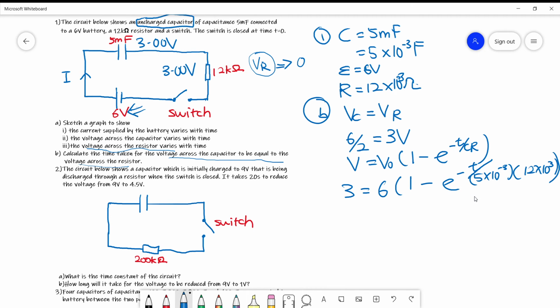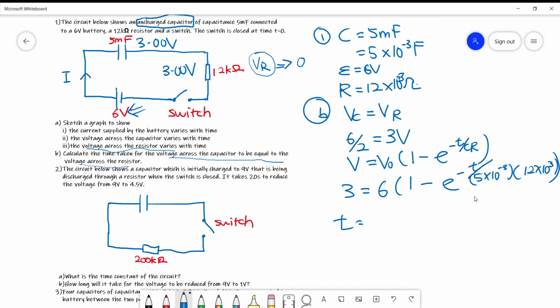What we need to do is just calculate it. 3 over 6, then 1 minus the answer, then the ln of the answer, times negative 5 times 10 to the power negative 3 times 12 times 10 to the power of 3.